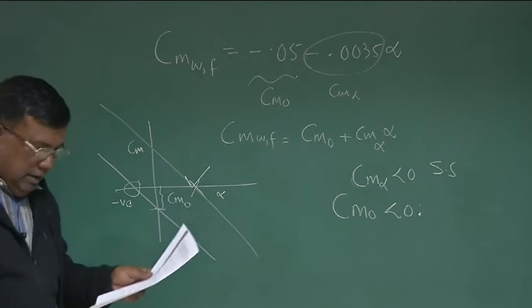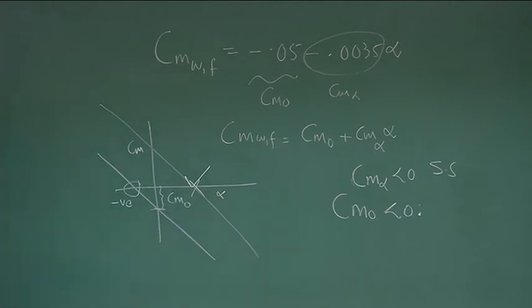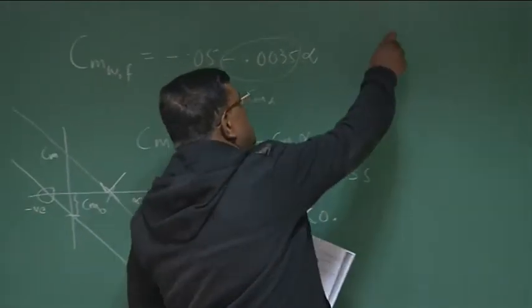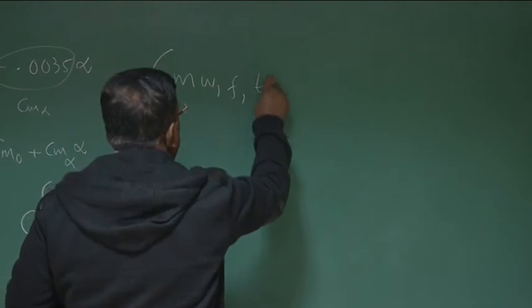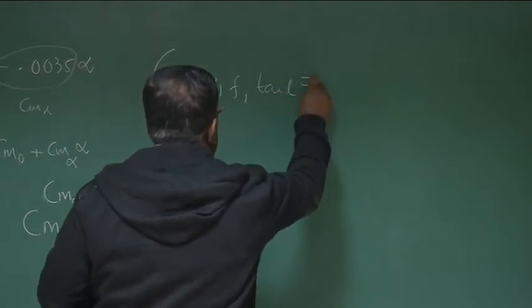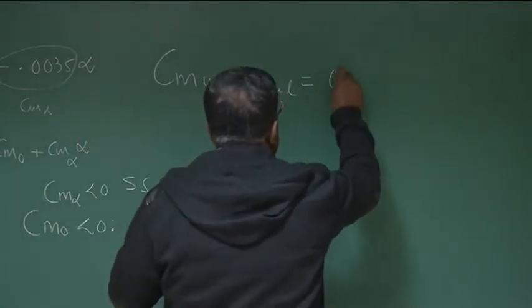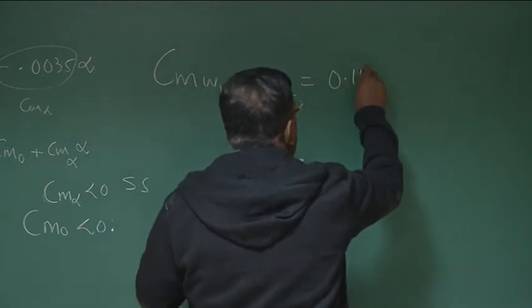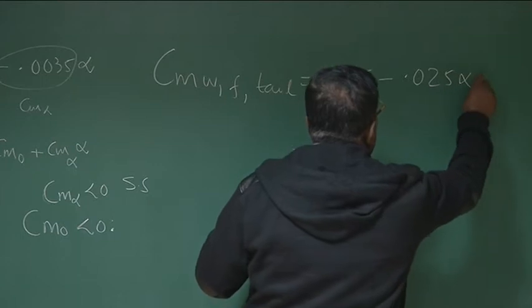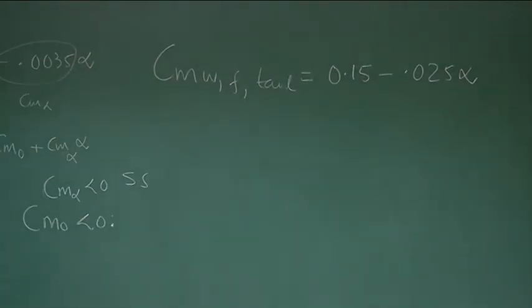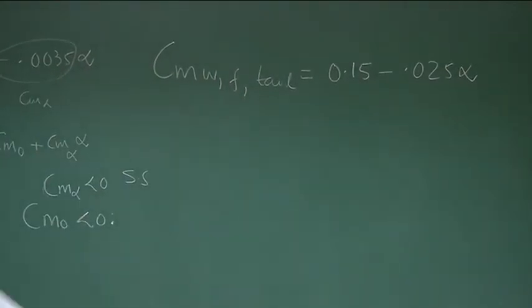So the problem was given, why don't you change this whole Cm wing fuselage, and now you have to put a tail, so that it is represented by this expression, 2.5 alpha, where you could see that first we are not talking about tail.